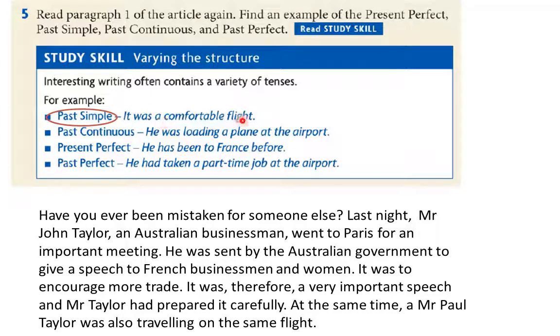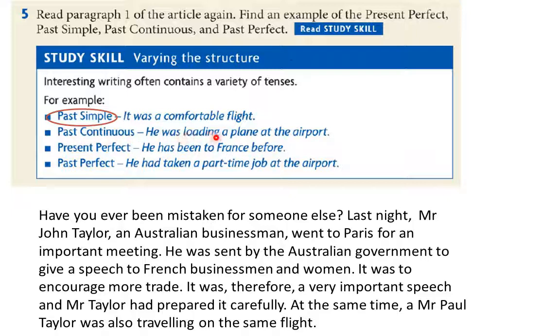It was a comfortable flight refers to the past. It is simple because we used one verb referring to the past.